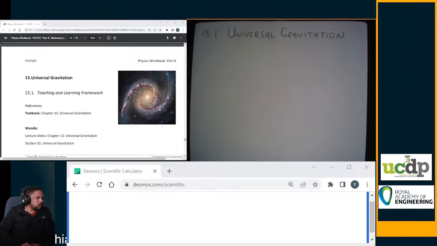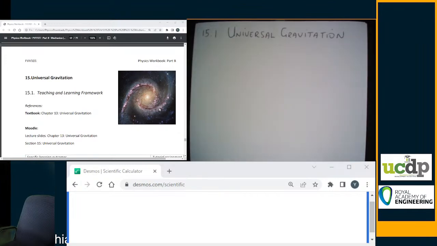Okay, universal gravitation. Okay, I've been trying to fix the lighting in here. Let me just see. Oh, if that's better. Looks a bit better, but not optimal. But yes, okay.